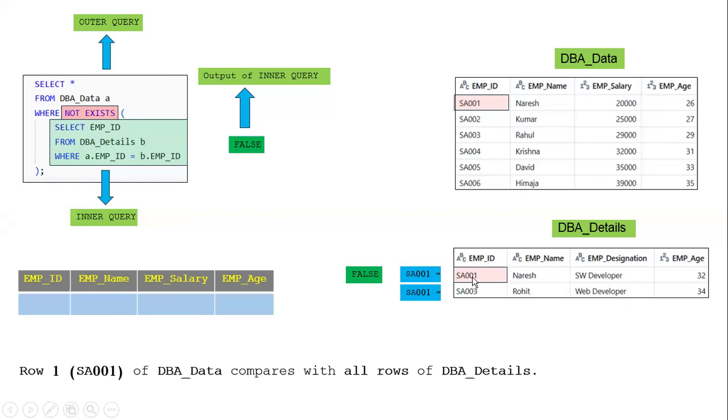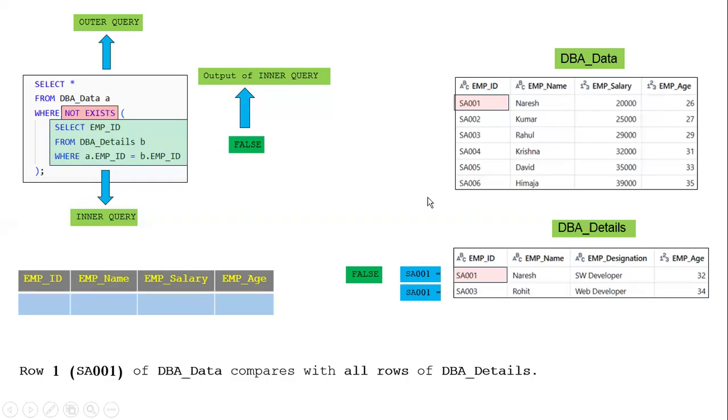Since I have only 2 rows here, my first record is SA001. SA001 is equal to SA001, so both are matching. Next, SA001 is equal to SA003, so this is not matching.